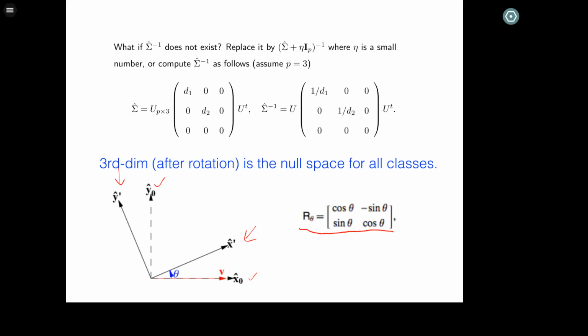That's somehow called the null space. The problem is when we take the inverse, we have to deal with 1 over 0 in the original space. But we can just ignore the third dimension and do the inverse only for the first 2. Why? Because in the third dimension, everybody takes the same value, so there's no information there anyway. We just ignore it.